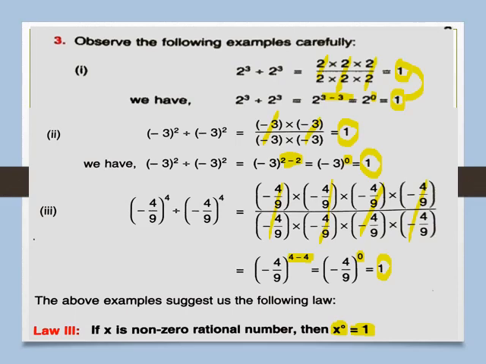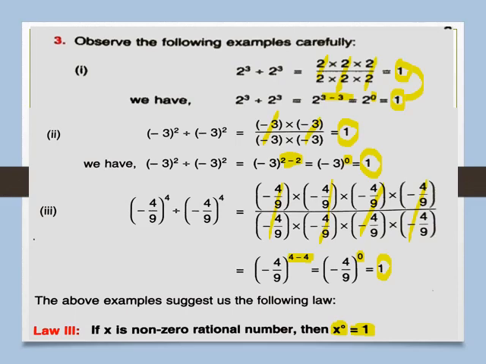Now see the example: 2 raised to 3 divided by 2 raised to 3. Here all the factors in the denominator get cancelled with the numerator because the power is the same. So what is the answer? Its answer is 1. That means when the bases are the same and the powers are also the same.